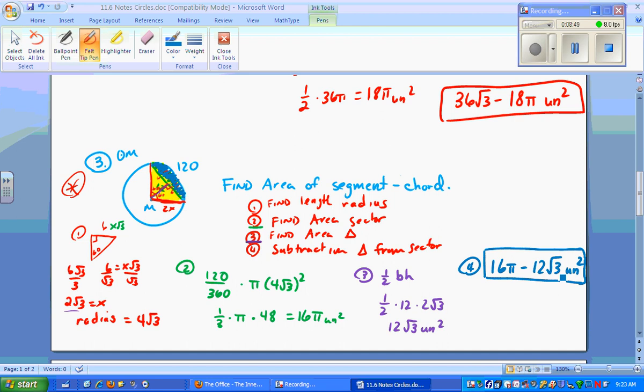If you need to, please rewatch it again, break it up into the steps. Every time you want to find the segment chord piece, you find the area of a sector and subtract the area of the triangle, and that gives you the little segment chord piece.